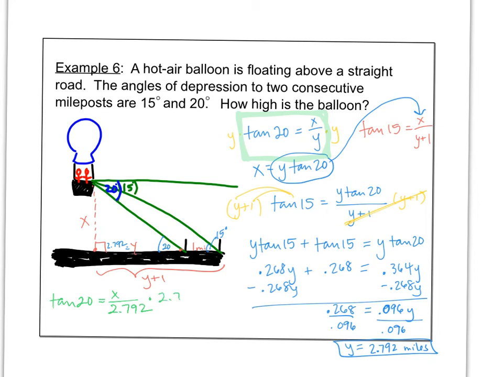Multiply by 2.792 on each side. These cancel out, and now you grab your calculator and you type in 2.792 tangent 20. And x is 1.016 miles, and that is how high the hot air balloon is.